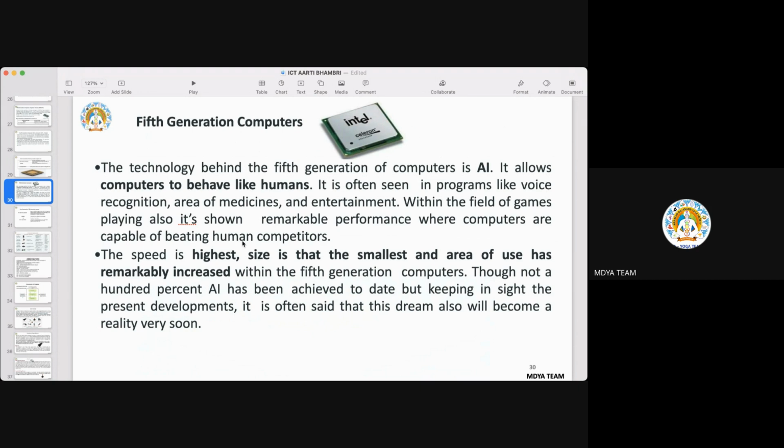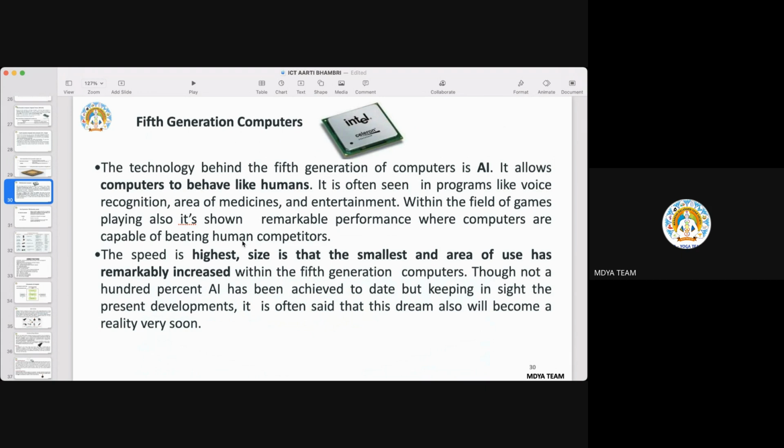Nowadays there is a comparison and a competition between the human and a machine, and sometimes it beats the human competitors. The speed is high, of course, because it's a machine.